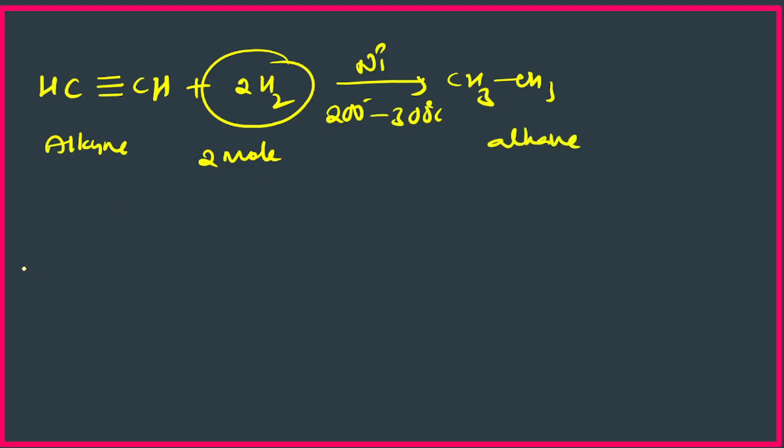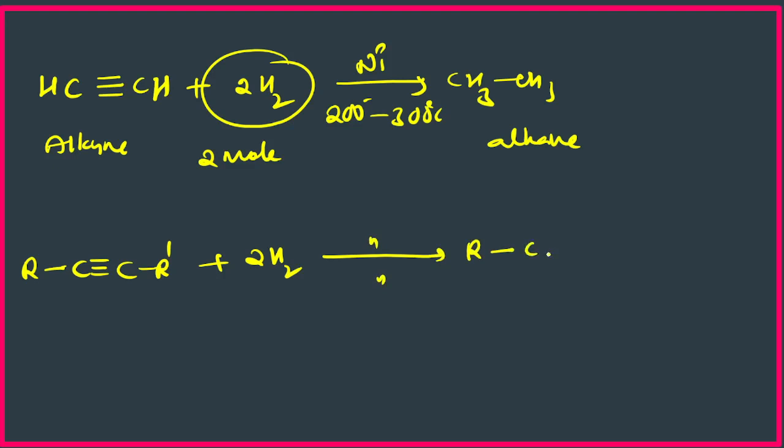Have a look at an example: R C triple bond C, with hydrogenation, how many moles? 2 moles. It converts to an alkane.